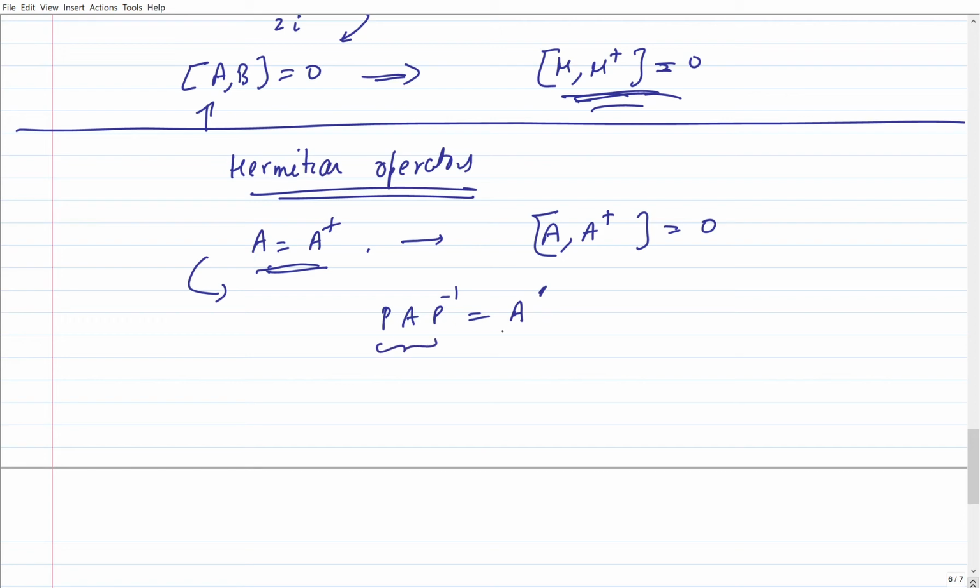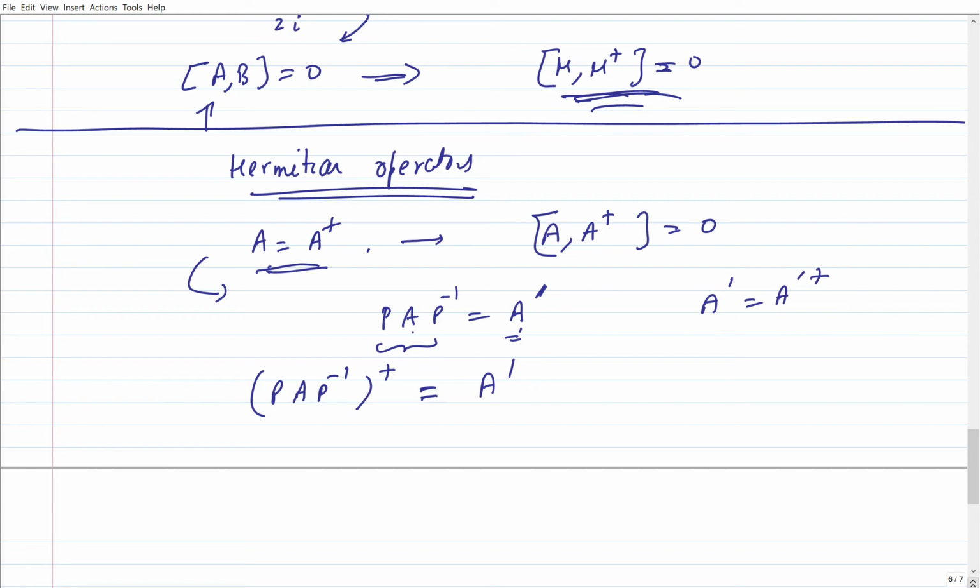What is the type of matrices which would in general diagonalize or inflict a change of basis of Hermitian matrices? So this is my change of basis, which gives me the Hermitian matrix in another basis, and I demand that P inverse dagger is equal to A prime itself, because ultimately A prime is equal to A prime dagger.